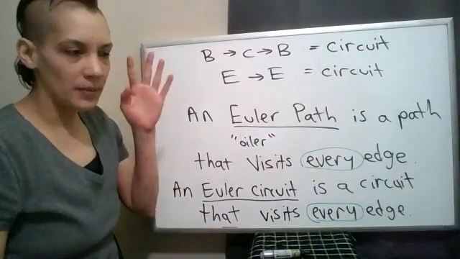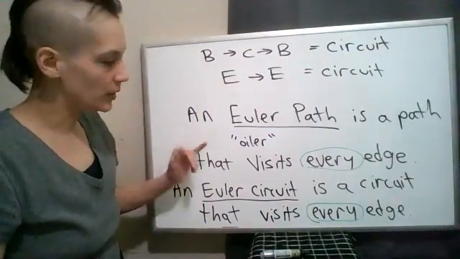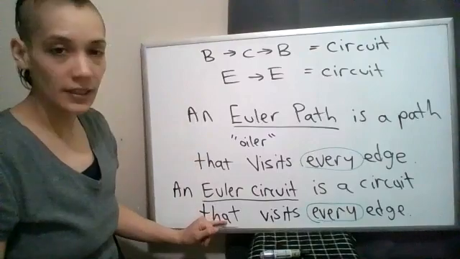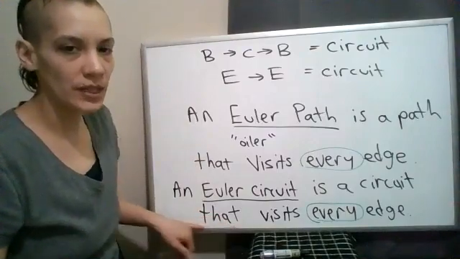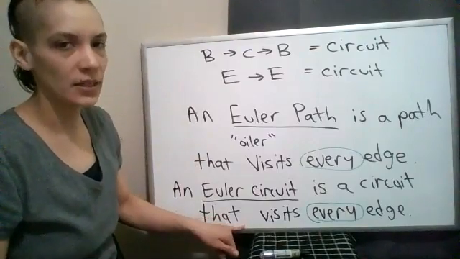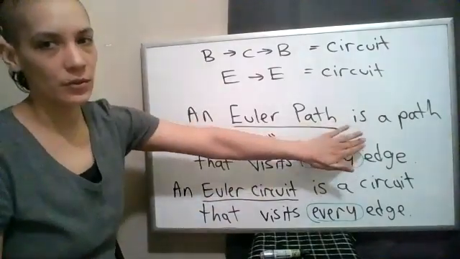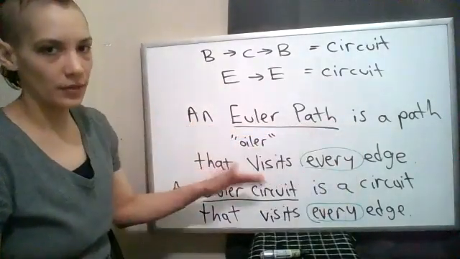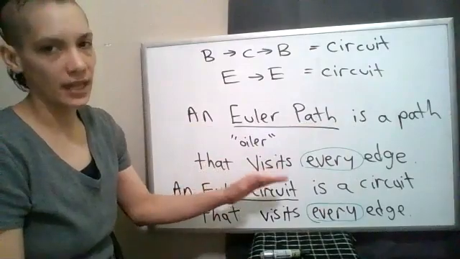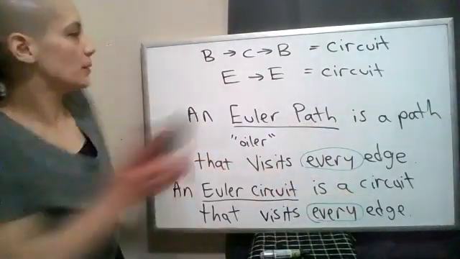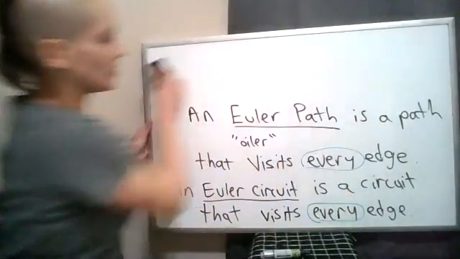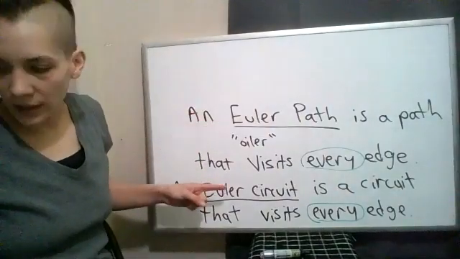So it just popped in my head that I've mentioned before that with your paths and your circuits, it is okay to reuse or revisit a vertex. You just cannot reuse or revisit any of the edges. And that's the same for Euler paths and Euler circuits.